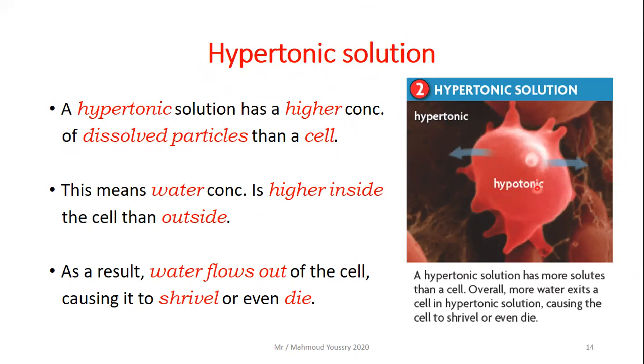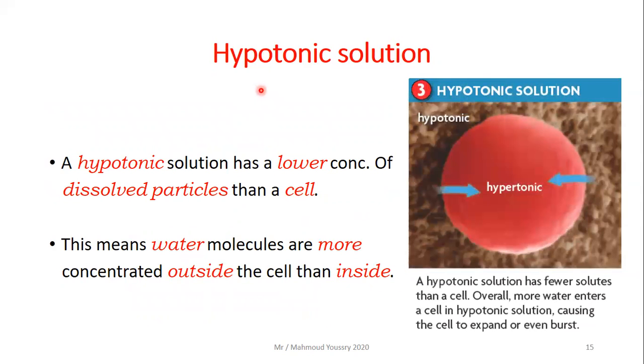Automatically, the opposite is inside the cell: a higher concentration of water inside than outside. So the water will move from higher concentration to lower concentration, diffusing out of the cell. As a result, water flows out of the cell, causing it to shrivel or shrink or even die.